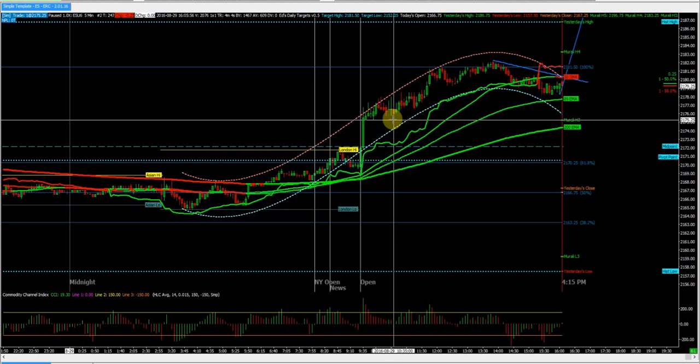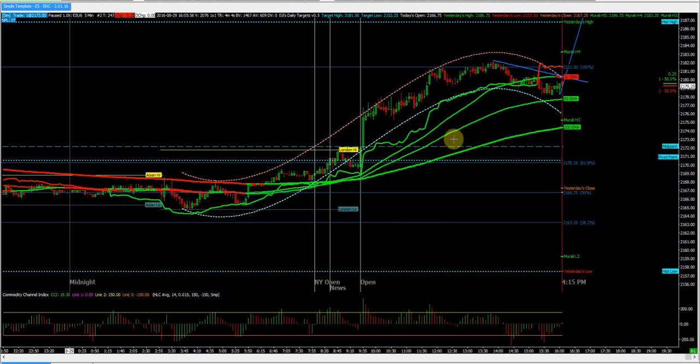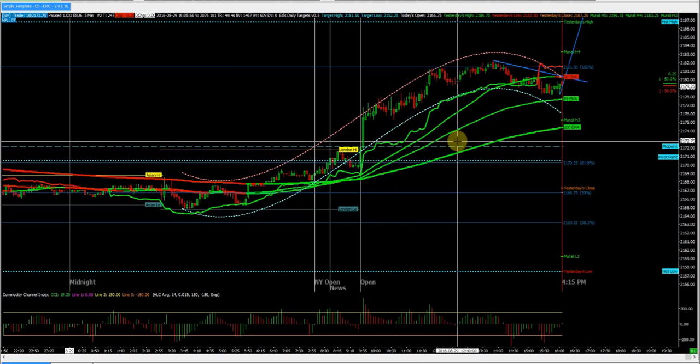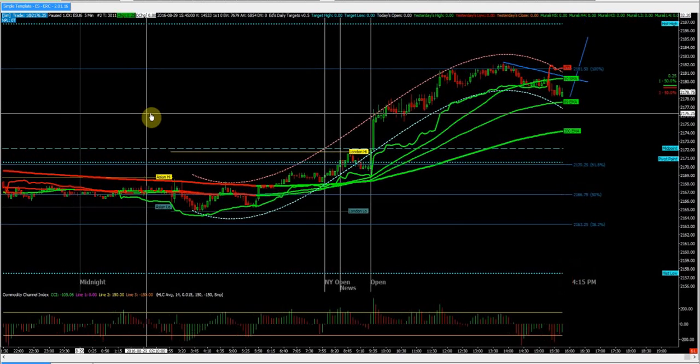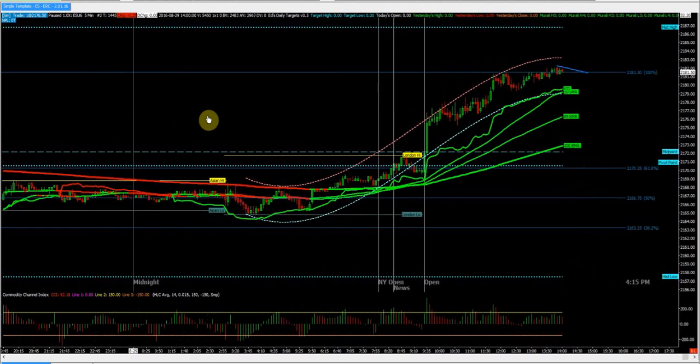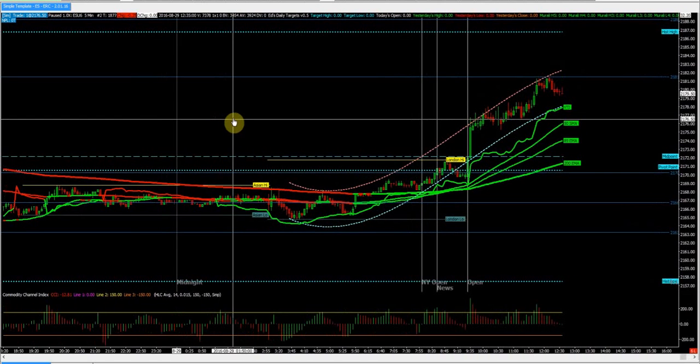There we go, at 10:35. If you wanted to say, you know what, if it crosses the 0 line, then I'm out. That's pretty interesting. You'll notice it didn't cross the 0 line until about 12:40, right in here. I can go ahead and pull this back and you'll see that.